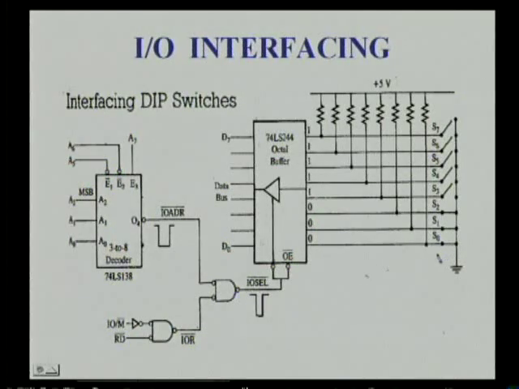Let us see another example. This is interfacing DIP switches. Now, for selecting this buffer, we are using a decoder. Earlier we used a NAND gate, here we are using a decoder, that is the difference. But here too we are using A0 to A7 address lines, that is 8 bits only. Hence it is IO mapped IO, and we are using output 4 of the decoder. So, for enabling this, the input to the decoder should be A2 must be 1, A1, A0 must be zeros.